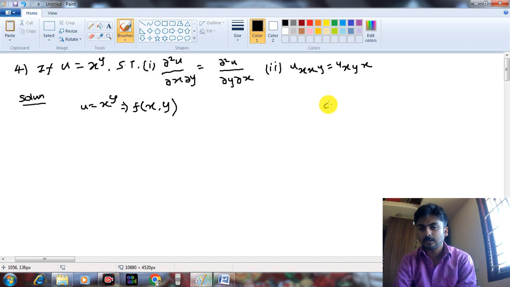One is d by dx of a power x. There is another thing called e power x, but I am not going to discuss it, because the differentiation of e power x is e power x itself.